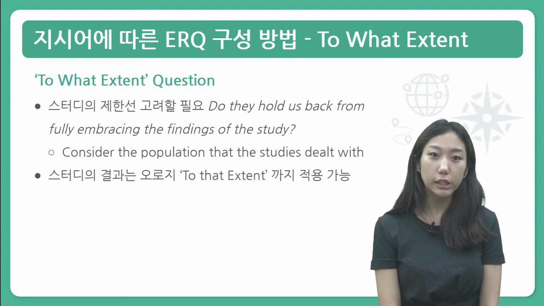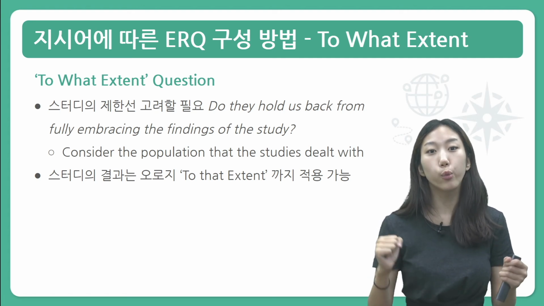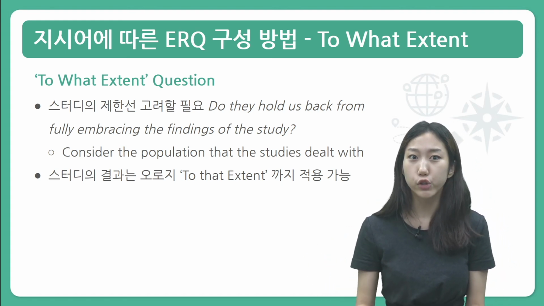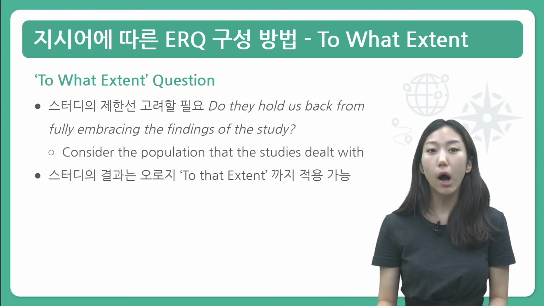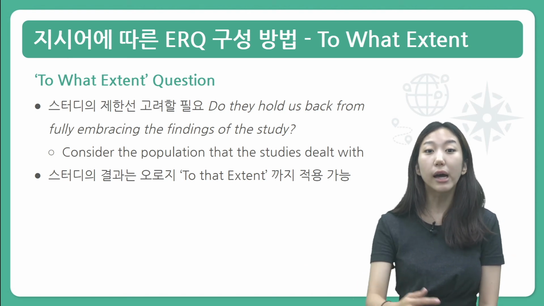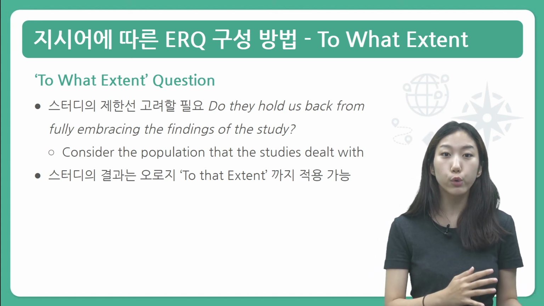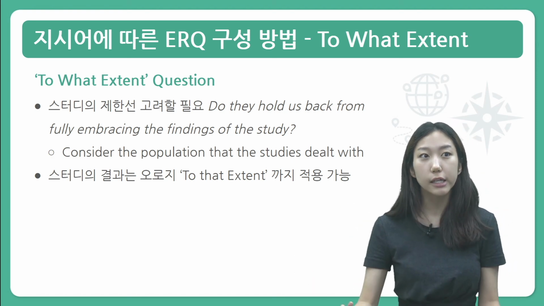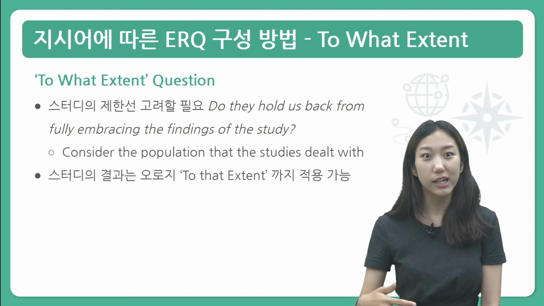But can we really generalize the findings of a study that was only done with white, male, high socioeconomic status student samples? We might be able to, but there's no guarantee that we are going to be able to. And so in that case, you would say the findings are only generalizable to this kind of population, and for us to be able to generalize it to the public as a whole, we need further studies.